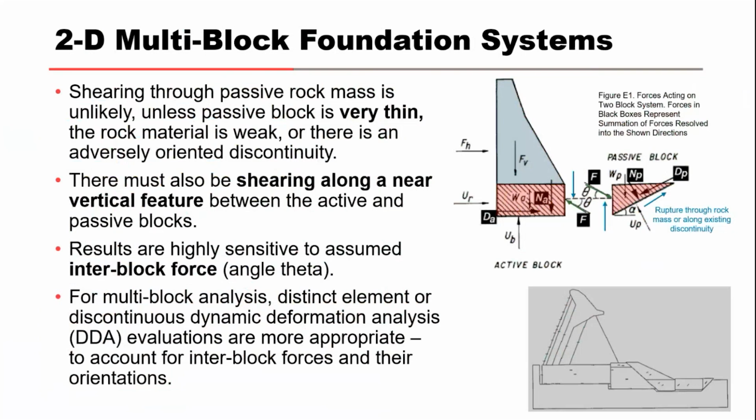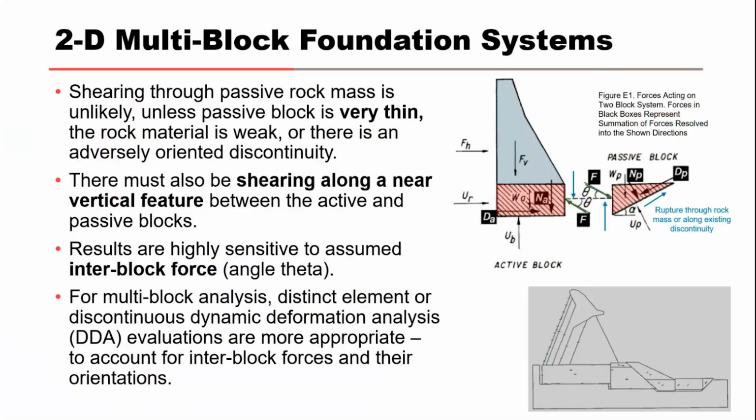So the diagram in the upper right here shows a two wedge sliding analysis that is typically performed for concrete gravity dams, particularly when founded on horizontally bedded sedimentary rock. So the traditional 2D gravity dam stability analysis usually involves a passive block downstream of the dam.